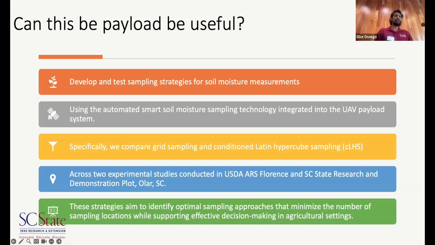One is USDA Florence, and another one is the South Carolina Research and Demonstration Farm at Olar. Our hypothesis is that smart sampling would be better than grid sampling to understand spatial variation across a field with a minimum number of points.